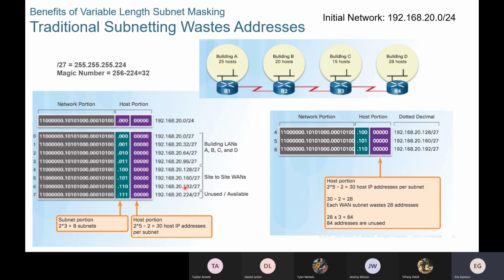And this one, the 192.168.20.192/27, we could put it between router 3 and router 4. And there is a spare network, a network that is available, that is not used. So the company can grow because we still have a spare network. Okay? So this is called a mapping.